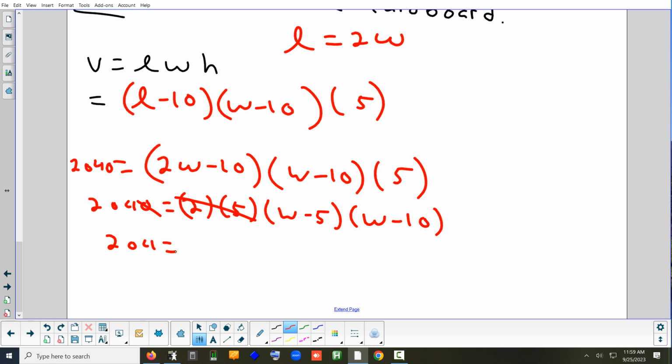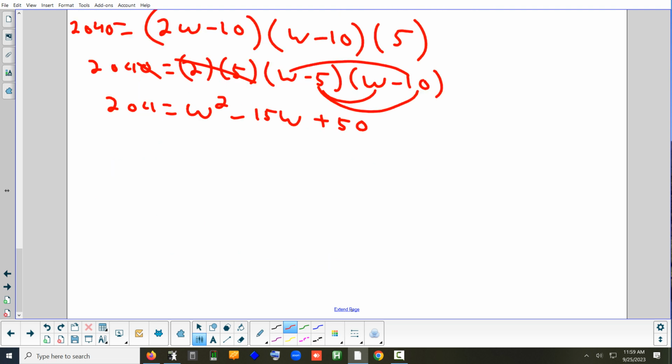So now all we have is 204 equals, and now FOIL this out. W times W, W squared, minus 10W minus 5W. Minus 15W plus 50.